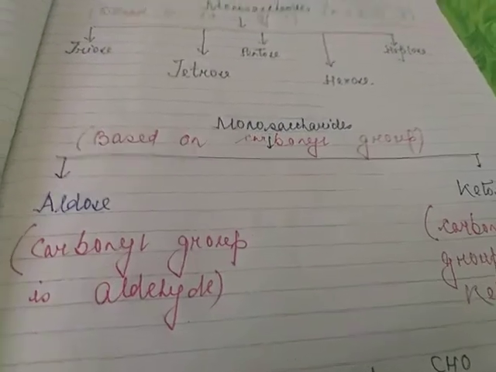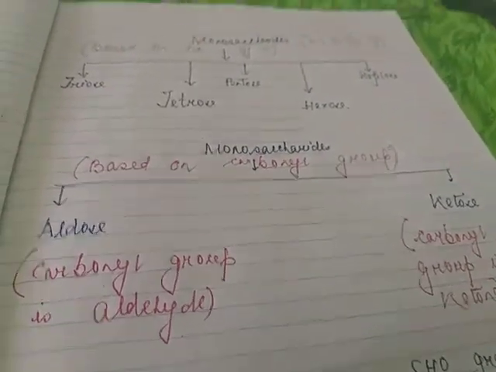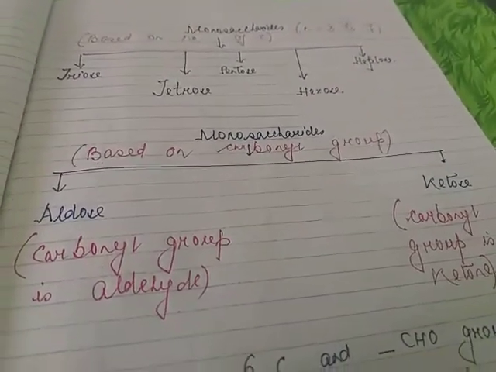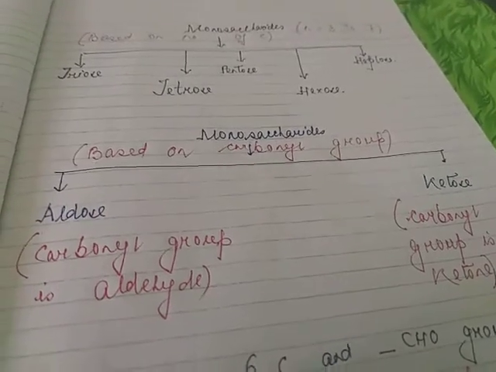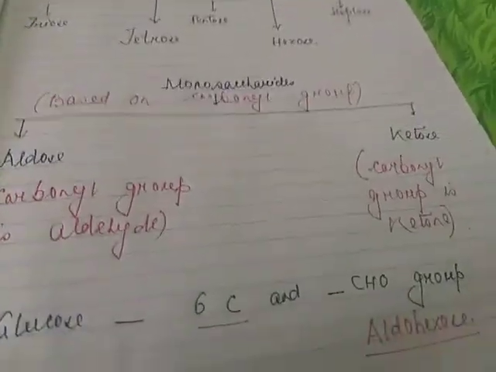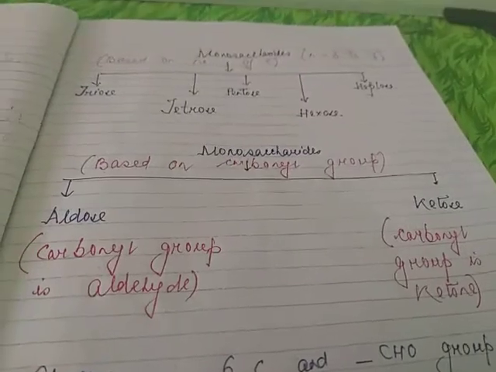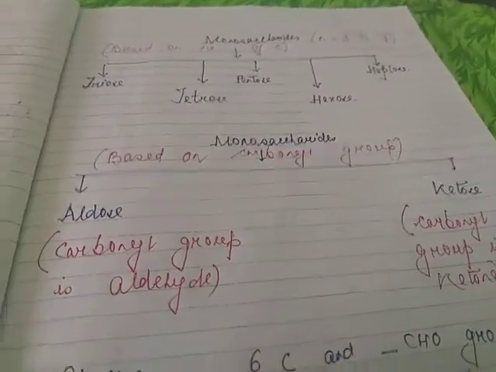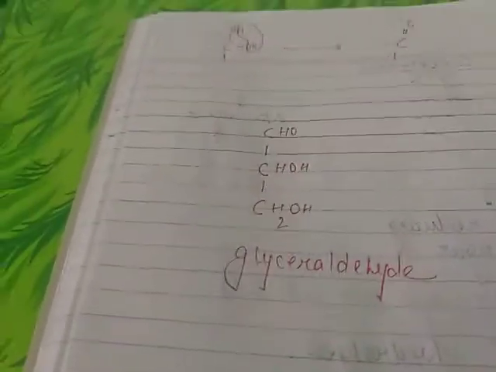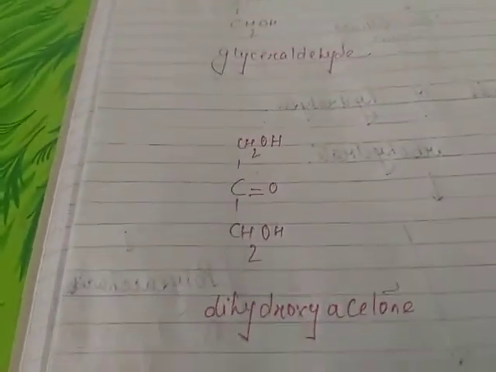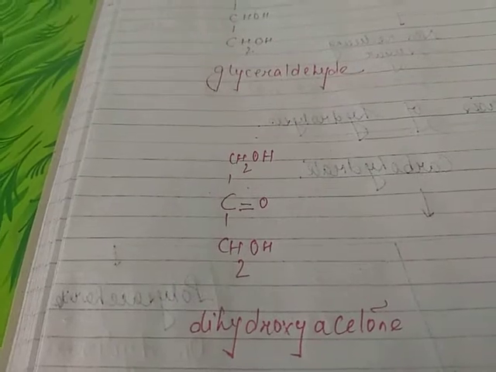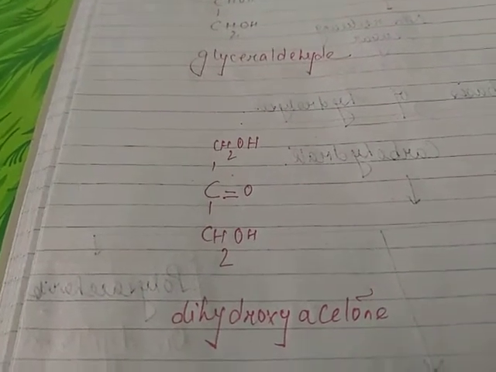Monosaccharides are also classified on the basis of which carbonyl group is present in them, whether it is aldose, meaning an aldehyde group is present, or ketose, where a ketone group is present. So glyceraldehyde, which I have shown you, is an example of aldose, while dihydroxyacetone is an example of ketose.